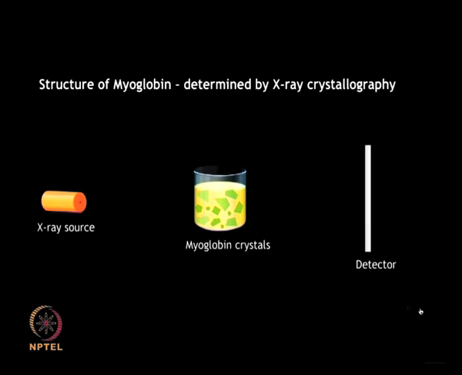When a beam of X-rays was passed through the crystals of myoglobin, some part of the beam was found to pass straight through, while the rest was scattered in different directions.